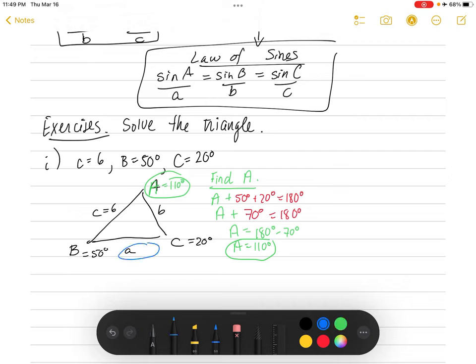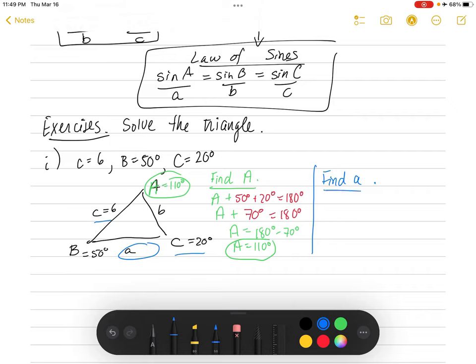Let's find little a. So I have C is 20, and little c is 6, and then I have A is 110, and little a is unknown. So I got three of those things. I have one unknown, so I want to find little a.